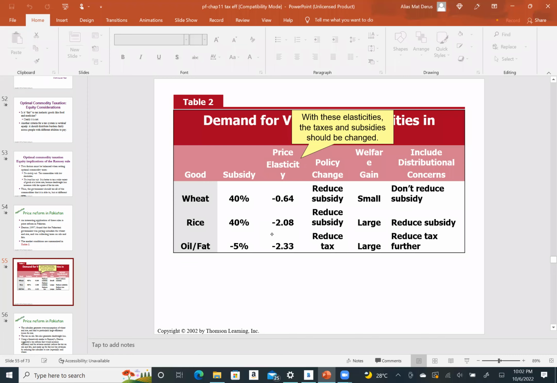Rice is elastic, and it's also subsidized. Now, if we go by the efficiency tax rule, what should we do to the wheat and rice?